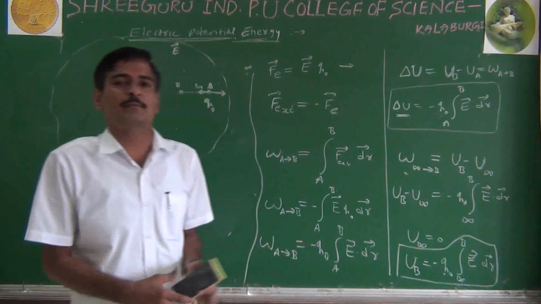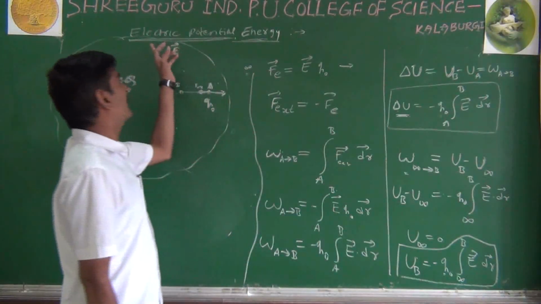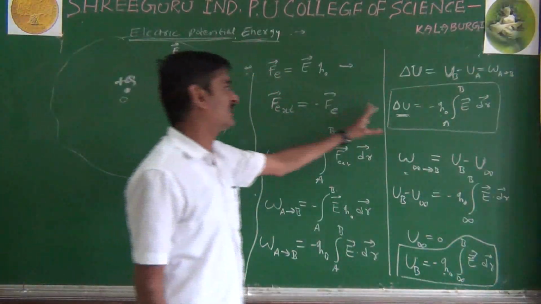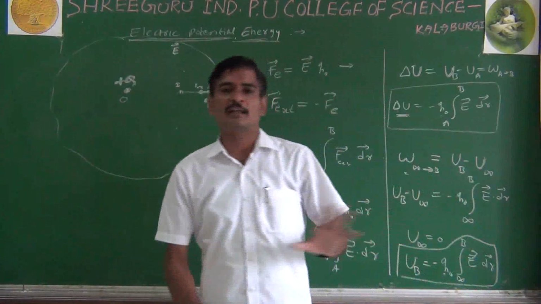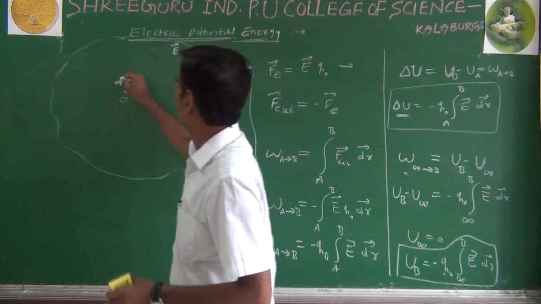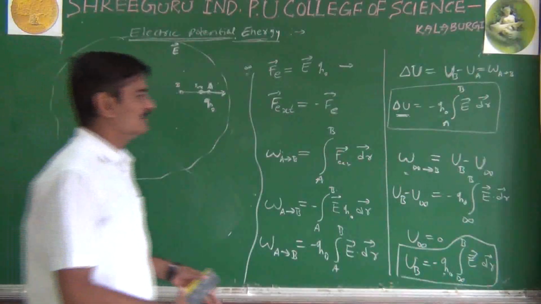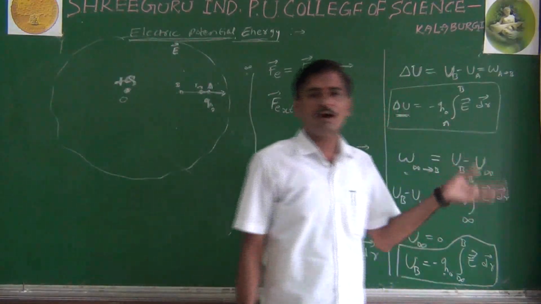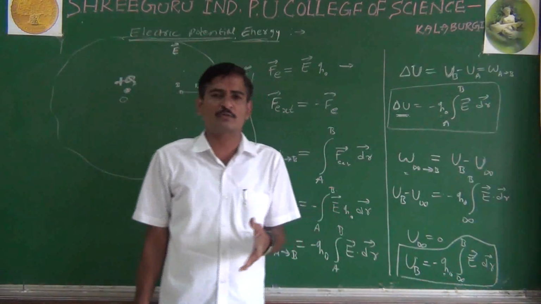Why are we defining this electric potential? The electric potential energy difference depends on Q naught and E. We want a quantity which depends only on the electric field or only on the source charge Q. So Q naught can be removed by taking the work done per unit charge, the ratio of work done to the charge.